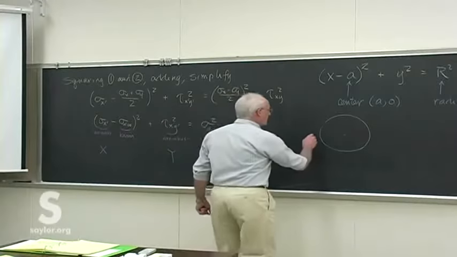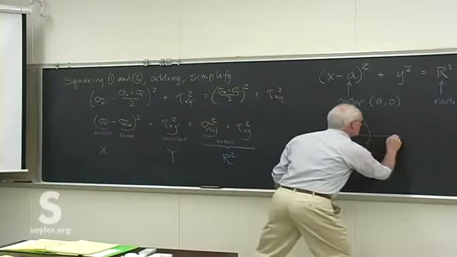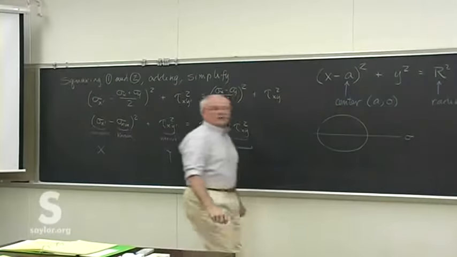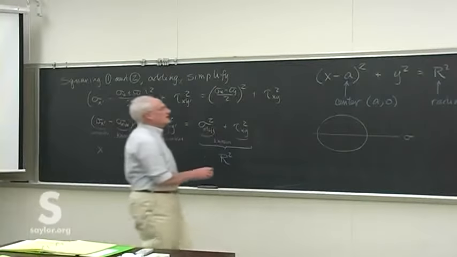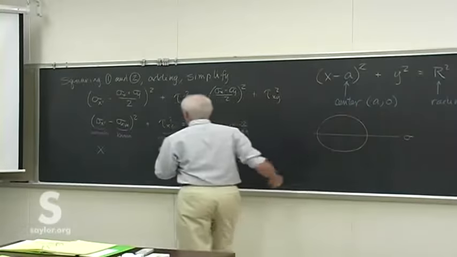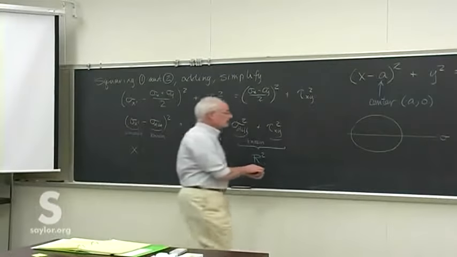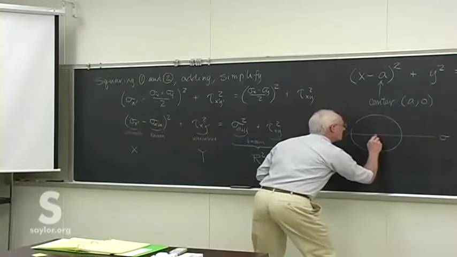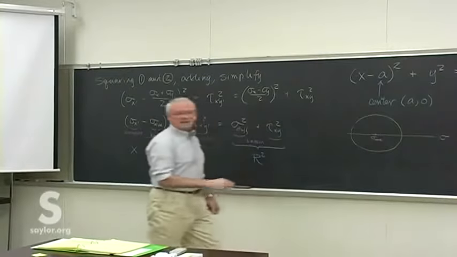But the circle comes from the known quantities here. All right. We're going to put right through the center in the horizontal direction the normal stress axis, with positive going to the right. And we know the center to be at A, and A is sigma average. So the center of the circle is at sigma average.